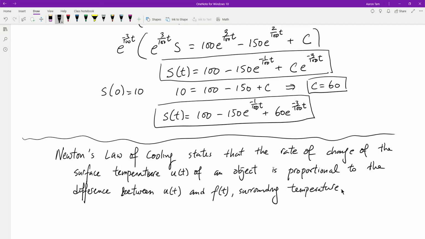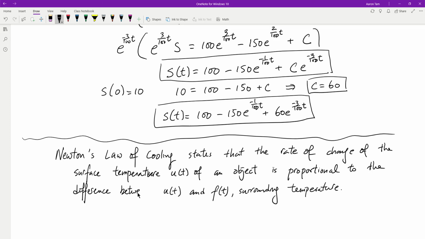He didn't just discover that if you leave something outside long enough, it will cool down, but rather he figured out that how quickly the object is cooling down is determined by the difference between the object and the surrounding temperature. Once again, if you think about it, that seems very obvious and typical, right in line with our expectation.